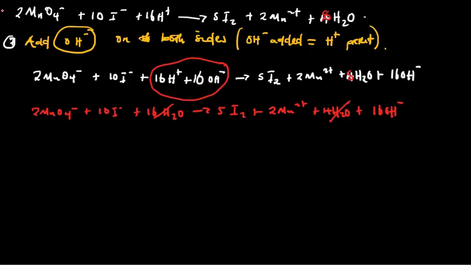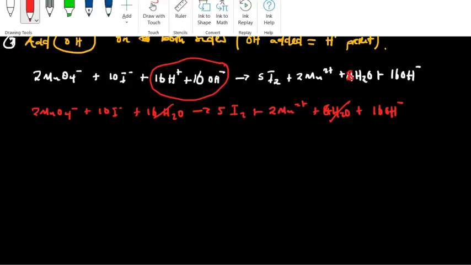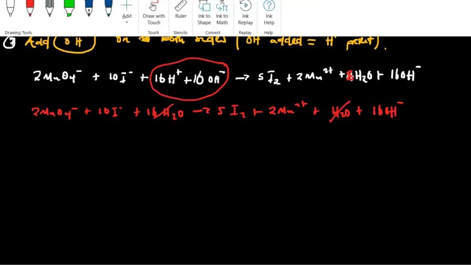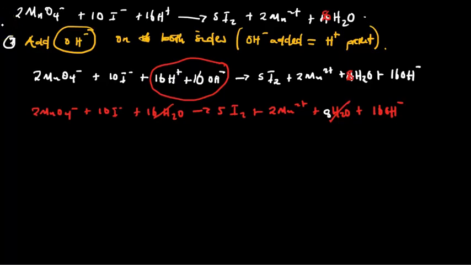It's the 8 water molecules that we had in acidic media. So what you are going to subtract is basically 8. So when you cancel 8, what are we going to remain with? 8.